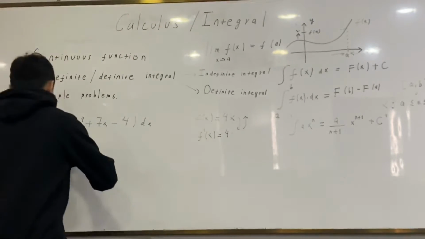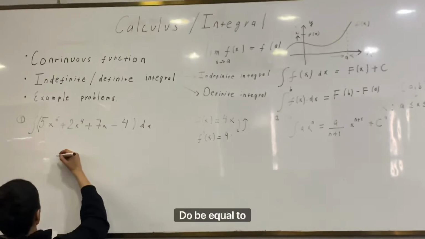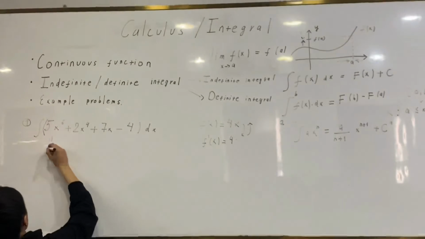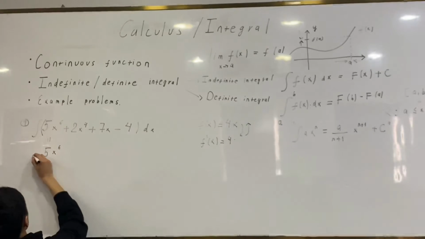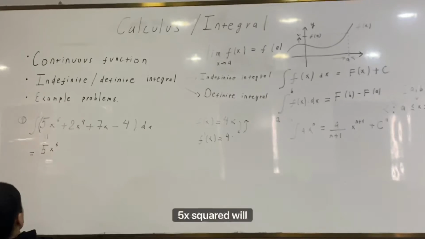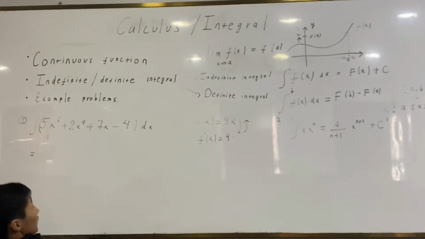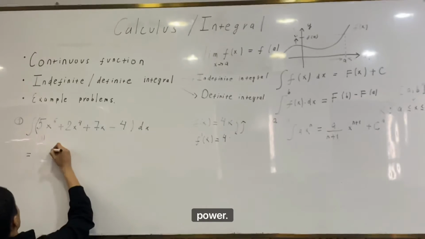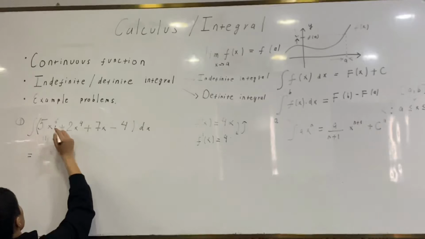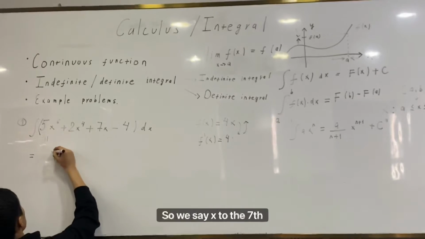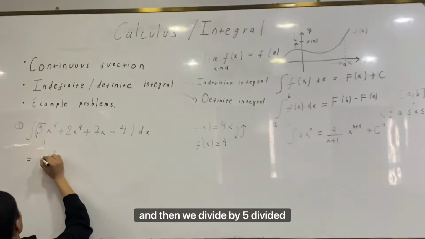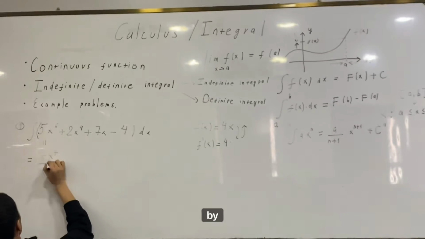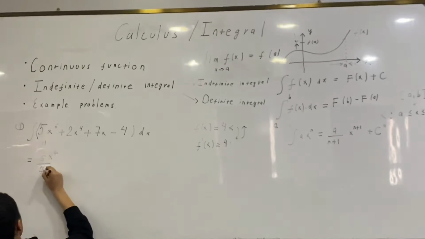So 5x squared will be: we add 1 to the power, so 6 plus 1 means 7, so x to the 7 power divided by 7, times 5.